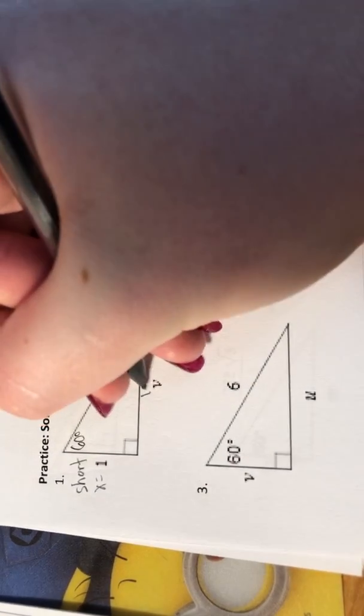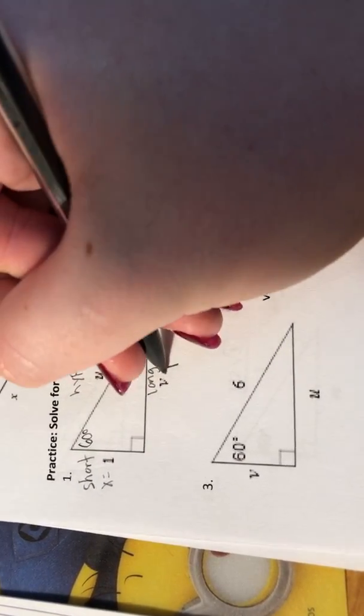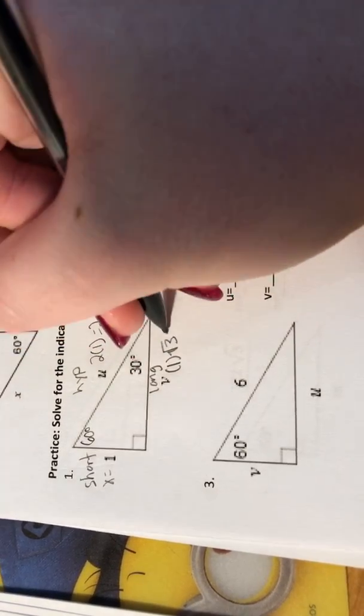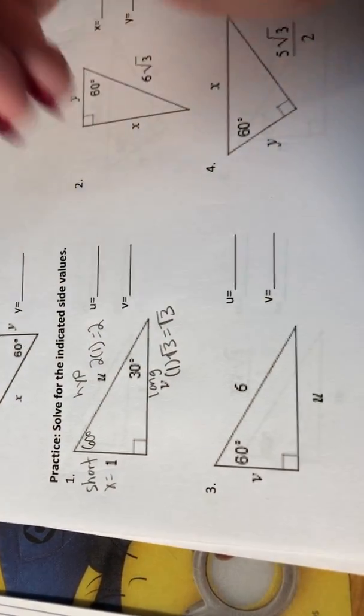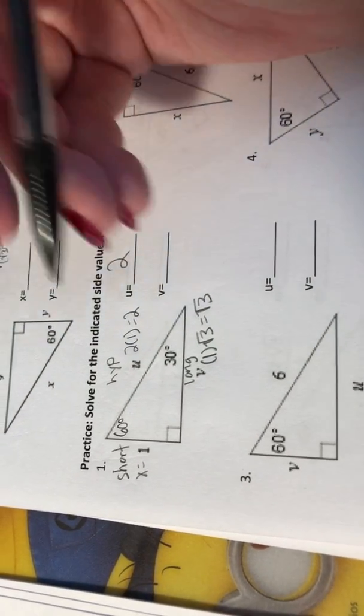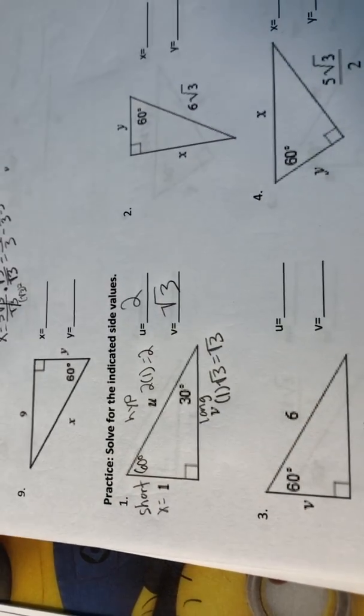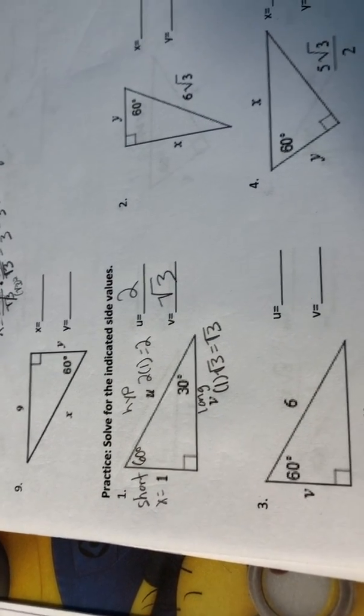And our long side is our short side times the square root of 3, which is just the square root of 3. So my u in this problem is 2. My v in this problem is the square root of 3. So pause the video and try number 2 and 3.